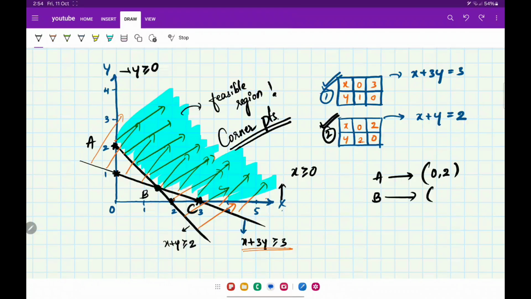For the x-axis, the value is between 1 and 2, so we can take x as 1.5, and for the y-axis it is between 0 and 1, so we take 0.5. And the coordinates of C we can get easily as 3, 0.